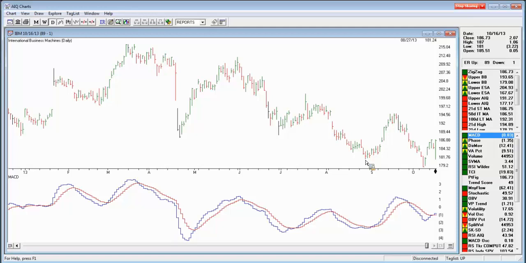See, in IBM's case, as an example, here was this last technical bottom, and then related to this one that just occurred, the technical bottom back in late August was lower than the one that we just had. So therefore we have an upside divergence, because the price bottoms were lower and the indicator bottoms were much higher.